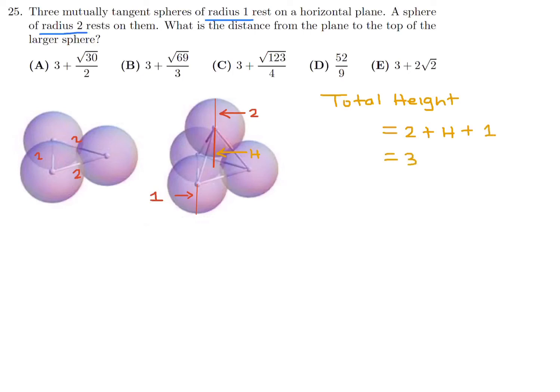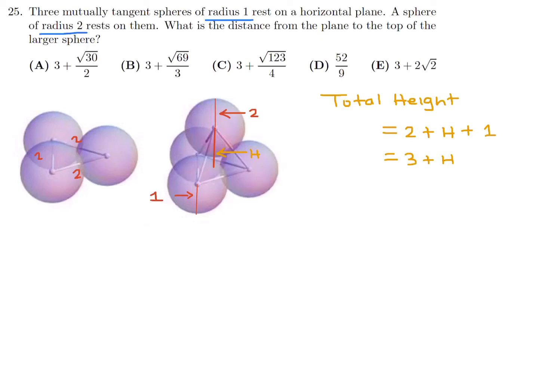So it'll be 3 plus H. And you can see some of the answer choices are already in that form, 3 plus something. Almost all of them except this one. Well, perhaps that's 3 plus something also, maybe. All right, no problem. The only thing we really need to proceed with is finding H.